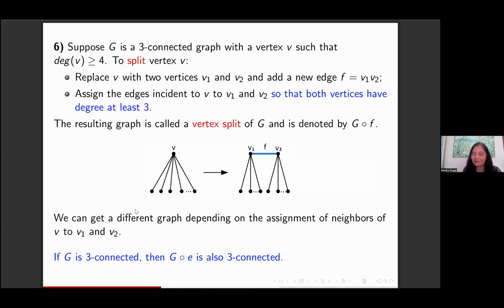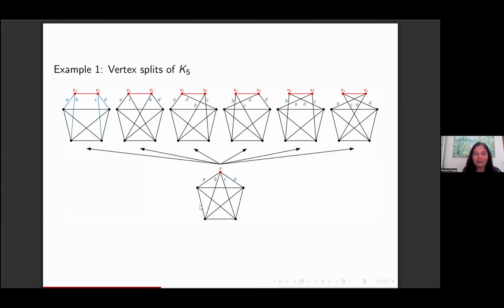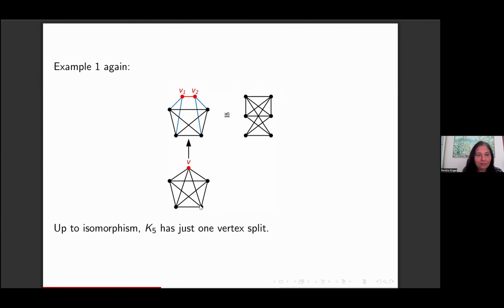But in the absence of a notation, we'll use G∘E. So that's K5 again. Yeah, they're all isomorphic in this. And by the way, that's the vertex split of K5. When it's drawn like this, it doesn't look like a vertex split of K5, but it is.